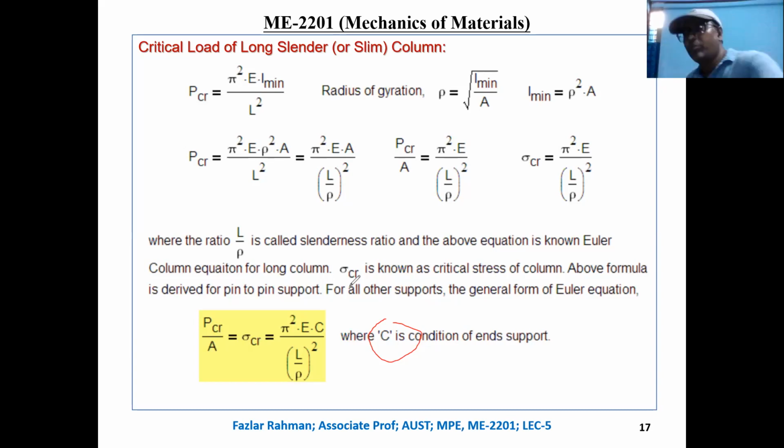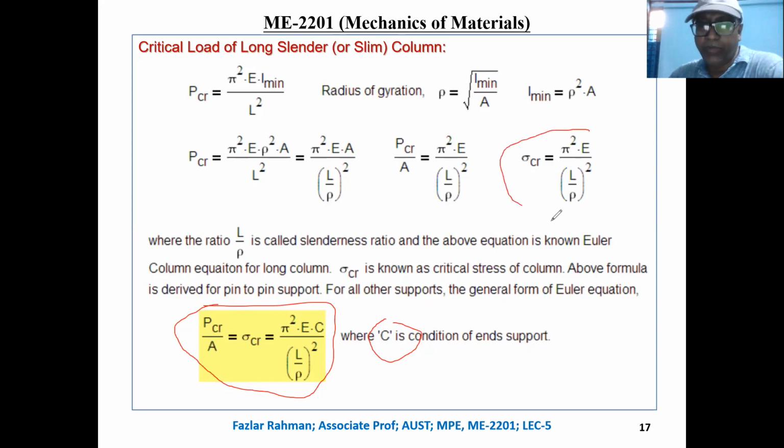So the column load depends on the end condition C. That's why we put a constant C. If we figure out the end condition for all the columns, then we can use this Euler equation for all the columns, all the end conditions. That's how you put a C. Now tell me, what will be the value of C for a pin-to-pin column?